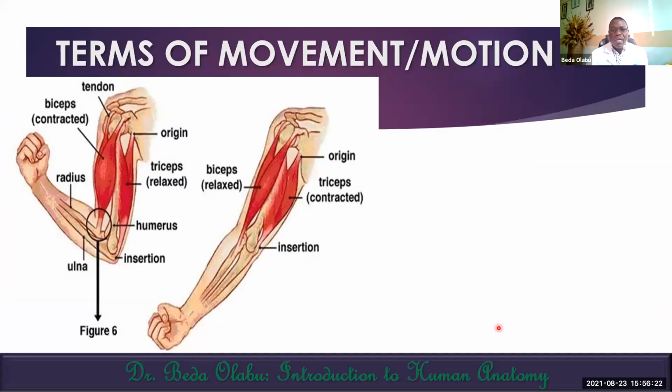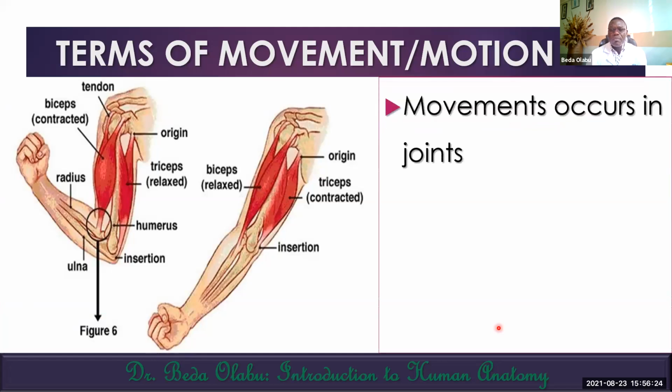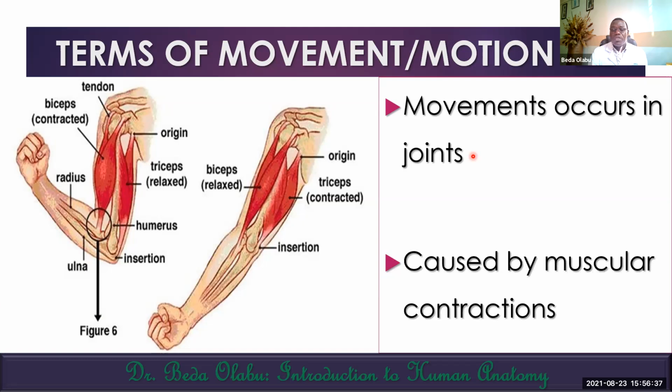Before we talk about terms of motion, I want to inform you that movements occur around joints, as I mentioned in the previous class, and that movements are caused by contractions of muscles. When muscles contract, they move the bones that they're attached to.